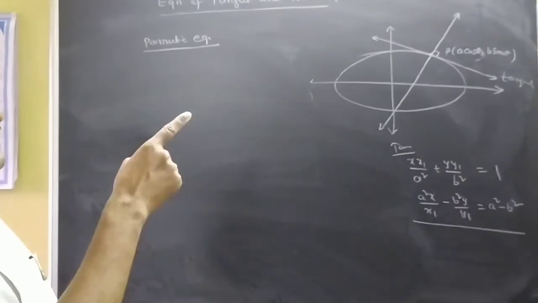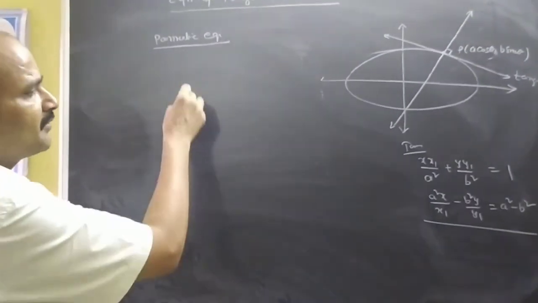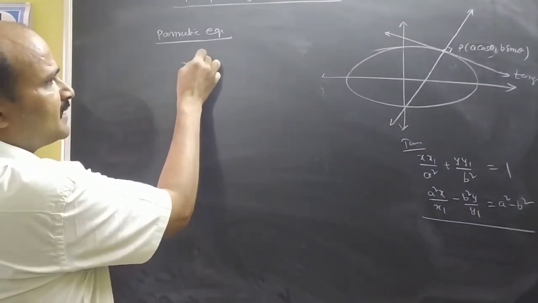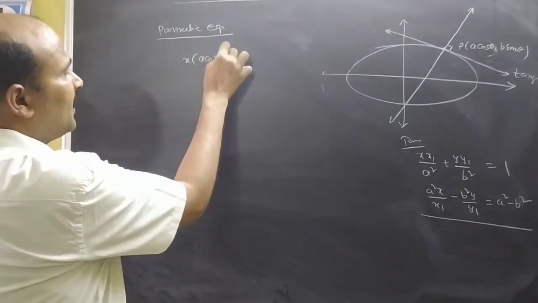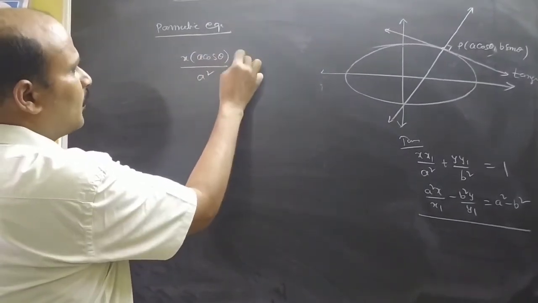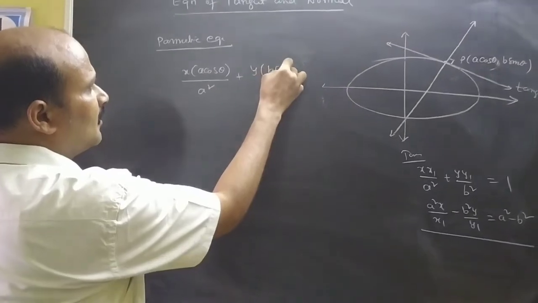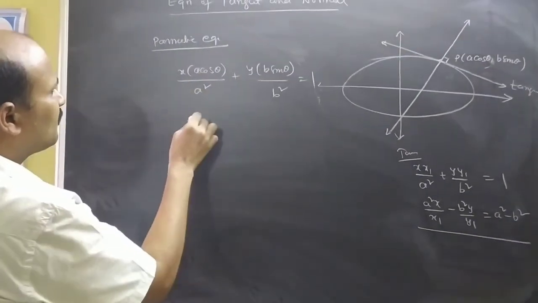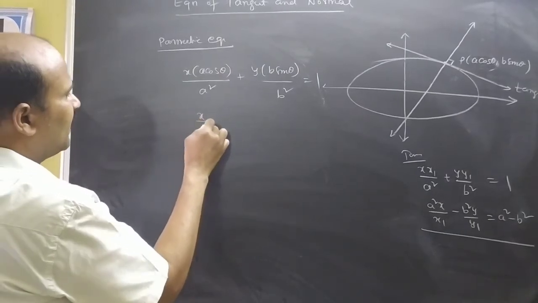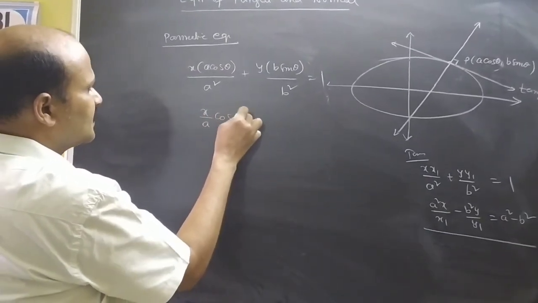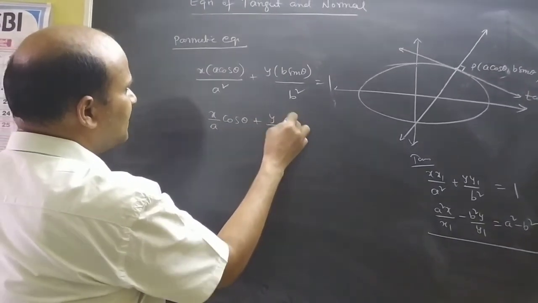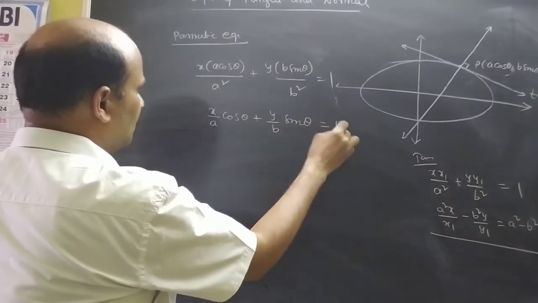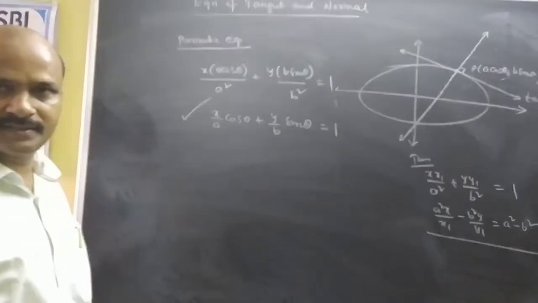Now the point is (a cos θ, b sin θ). Substituting that, x·a cos θ/a² + y·b sin θ/b² = 1. If you simplify this, it is x cos θ/a + y sin θ/b = 1. This is the equation of the tangent.